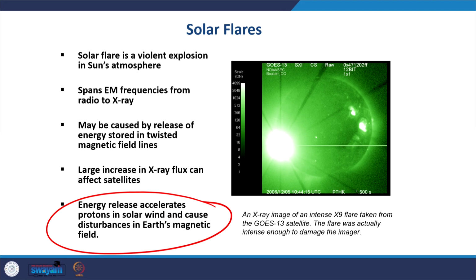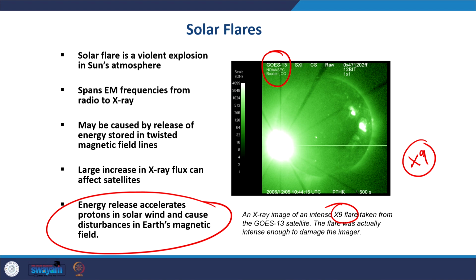It will increase enormously. This image was taken by the GOES 13 satellite, which shows an intense X9 flare. X9 is the class of the flare. Depending on the strength of the flare, we have several classes, which simply indicate the magnitude of the energy output or the flash.